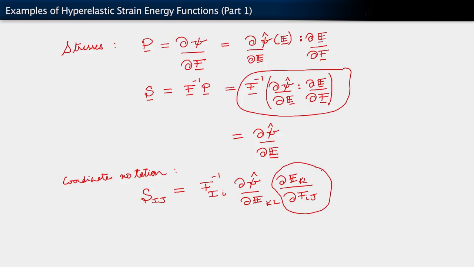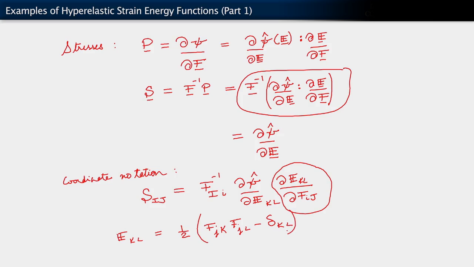Okay, so let's do that. Now remember that E_KL is one half of C minus the isotropic tensor. Okay, and C is F transpose F. Okay, so we will write F transpose F as F_jK F_jL minus delta_KL.